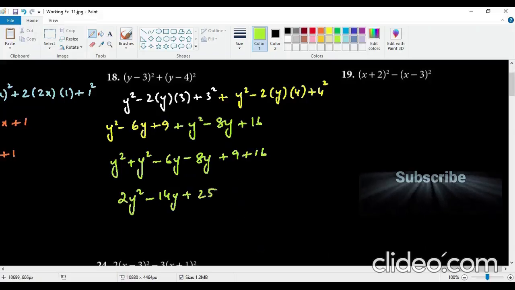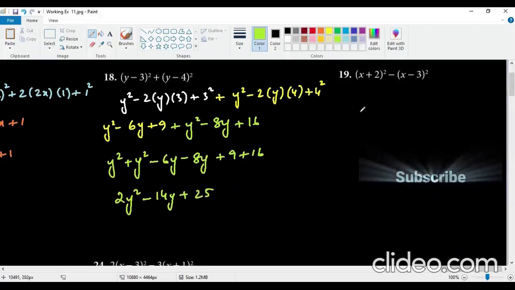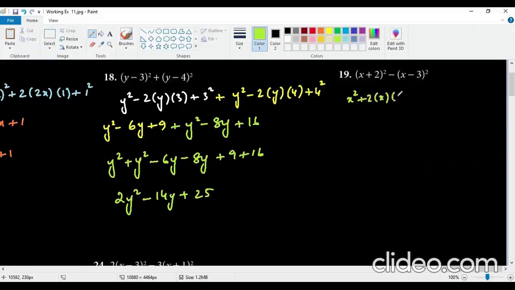Now comes question number 19. In here, I will write a square plus 2ab plus b square. And now I will use a minus sign, and a square minus 2ab plus b square. So this is going to give me x square plus 4x plus 16.